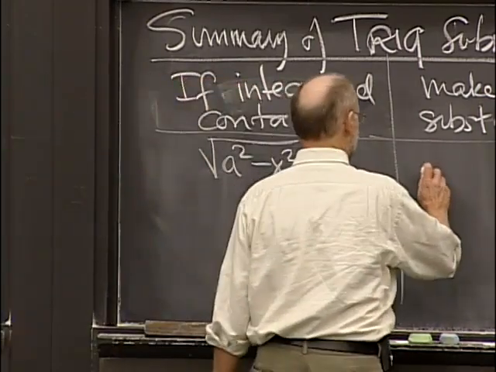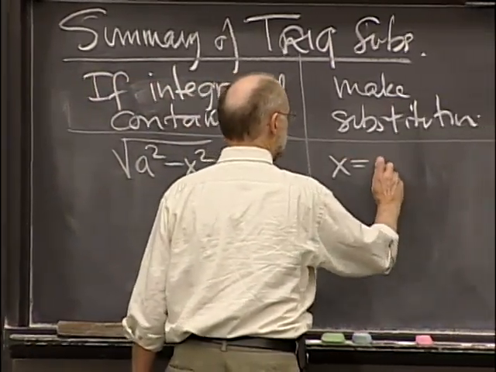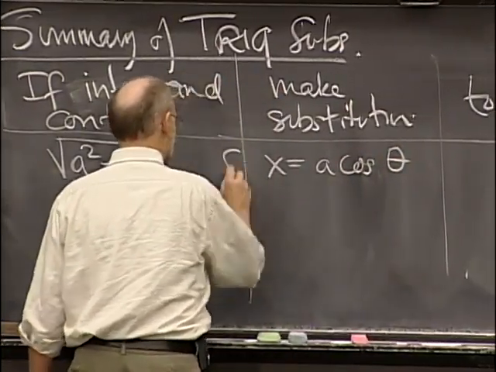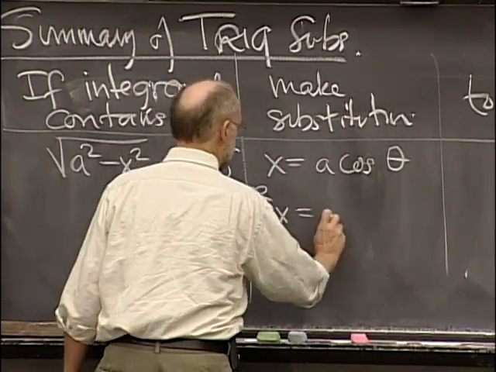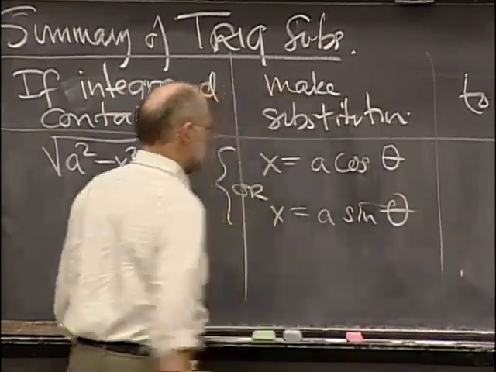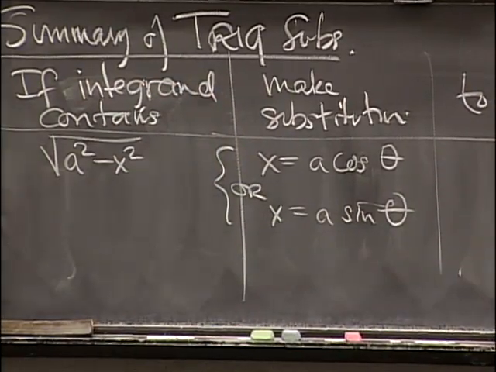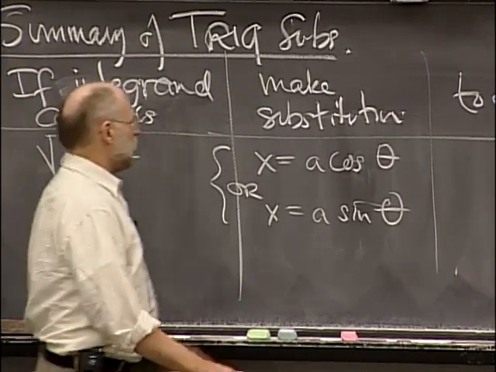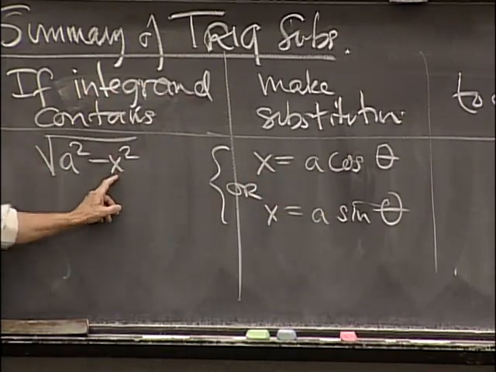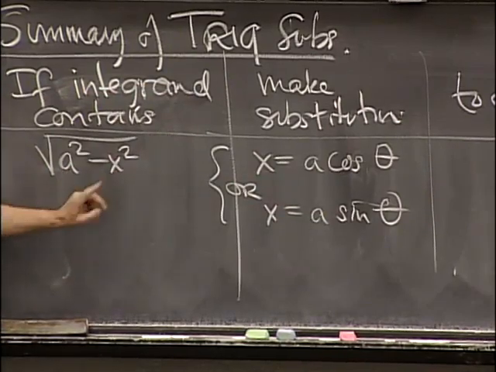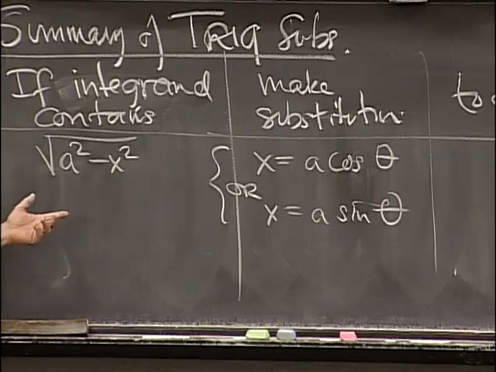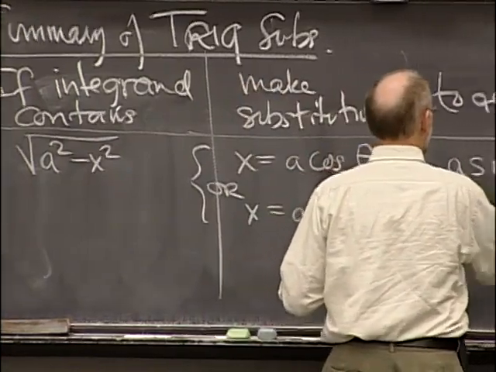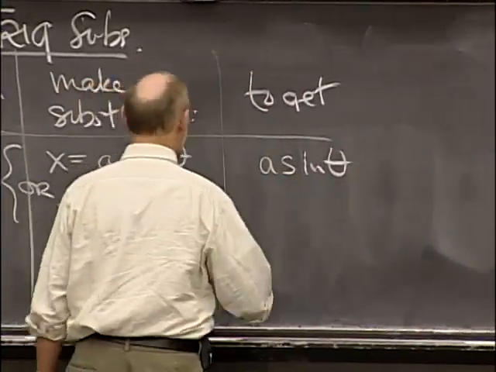There, I suggested that we should make the substitution x is a times the cosine of theta, or x is a times the sine of theta. Either one works just as well, and there's no way to prefer one over the other. When you make this substitution, x equals a times the cosine of theta, you get a squared minus a squared cosine squared theta. 1 minus cosine squared is the sine squared, and so you get a sine of theta.